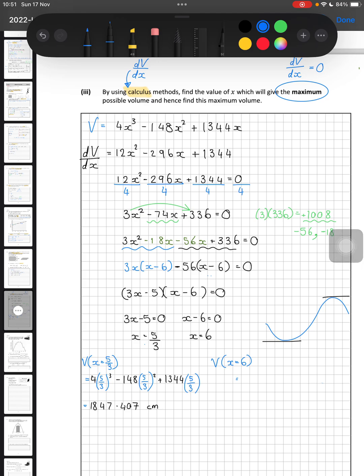We have to show the examiner what we are doing. We can't just be coming up with random numbers. So write out what you're doing. Here I'm subbing in 6 everywhere there was an x. So I can just press the left button in my calculator and put in a 6 everywhere I had a 5 over 3 in brackets.